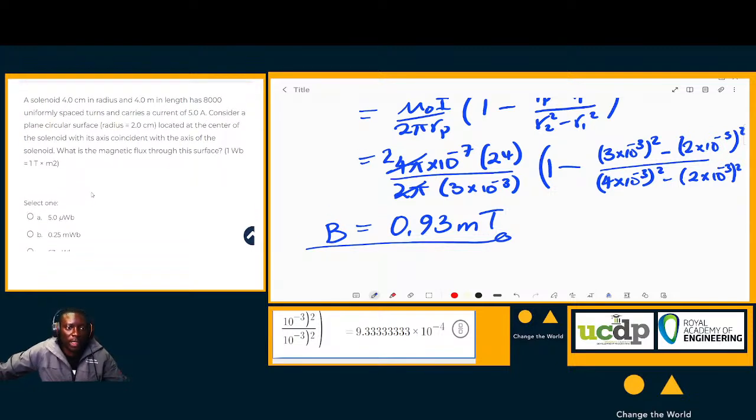So with question 19, a solenoid of 4 centimeters in radius and 4 meters in length has 8,000 uniformly spaced turns and carries a current of 5 amps.